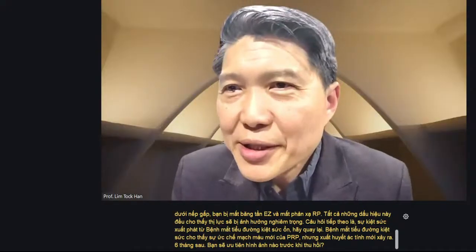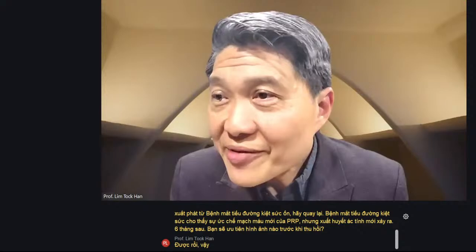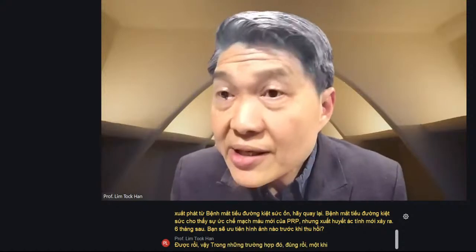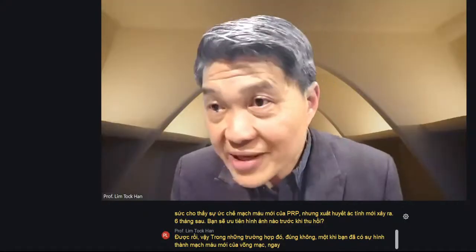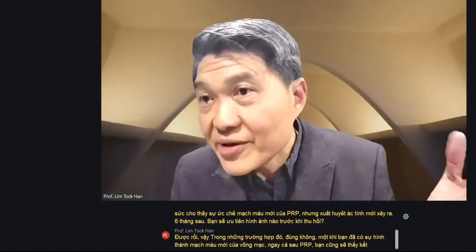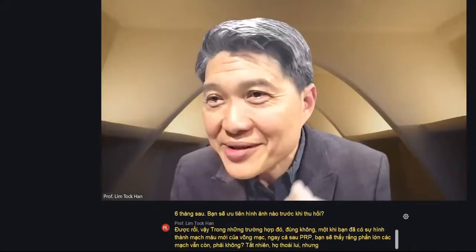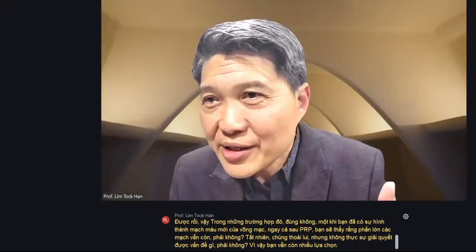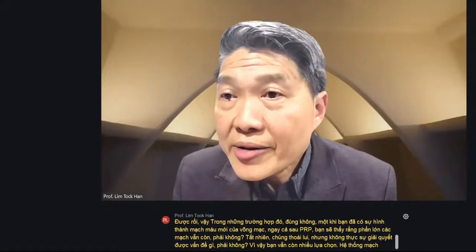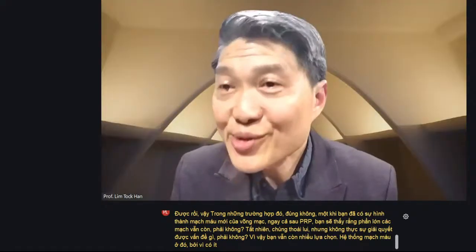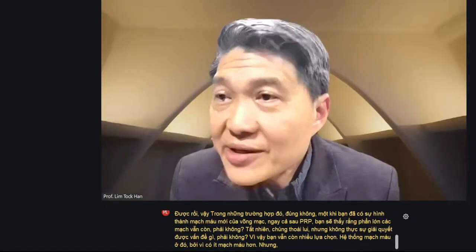Okay, so in those cases, once you have neovascularization of the retina, even after PRP, you'll find that much of the vessels remain. Of course, they regress, but they don't really resolve. So you still have vasculature there. Of course, they are less vascular and less prone to bleed. But recurrent bleeding is actually quite common.